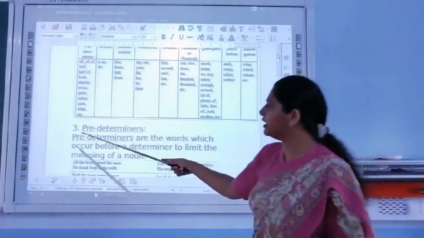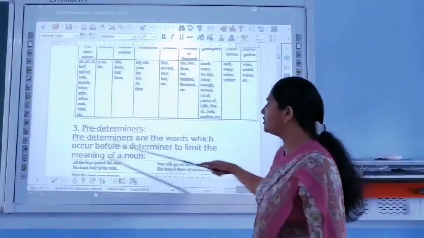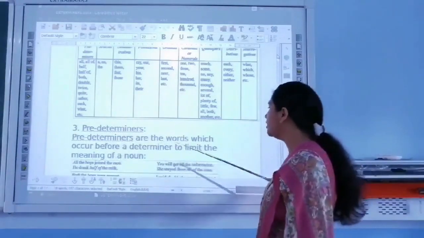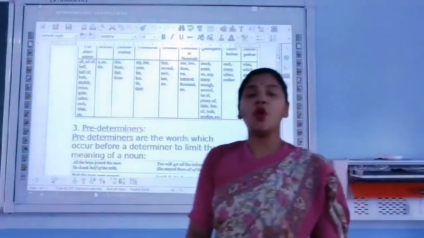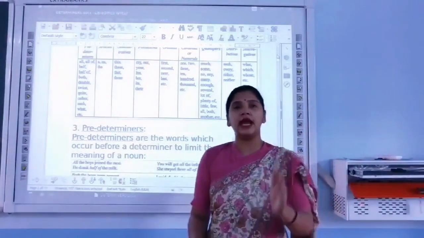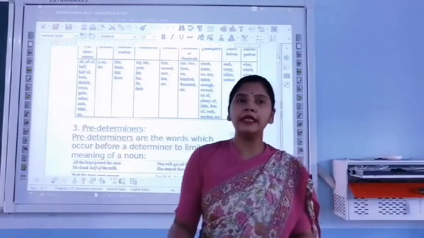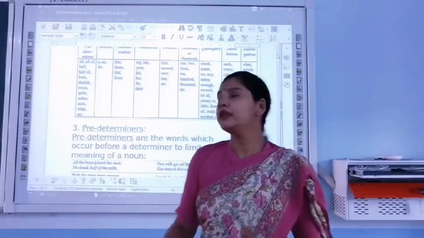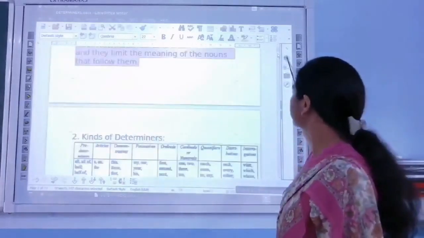First of all, we have to read about the predeterminers. Predeterminers are the words which occur before a determiner to limit the meaning of a noun. If you want to show the limit of the noun, that means this is the ending line. So we have to use the predeterminer before the noun, and those determiners are called predeterminers.